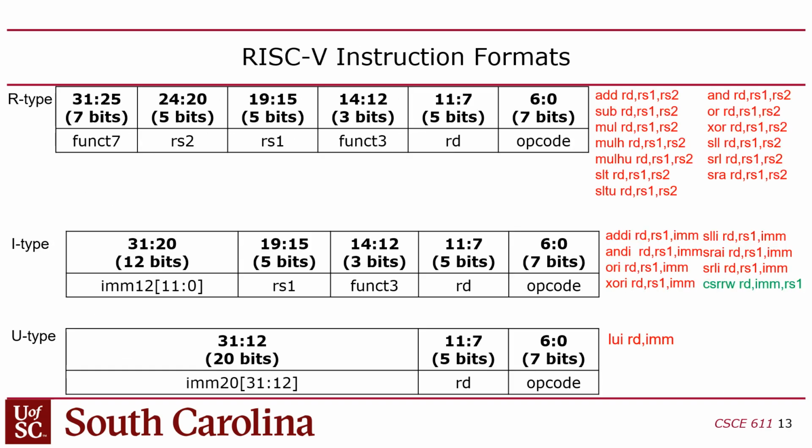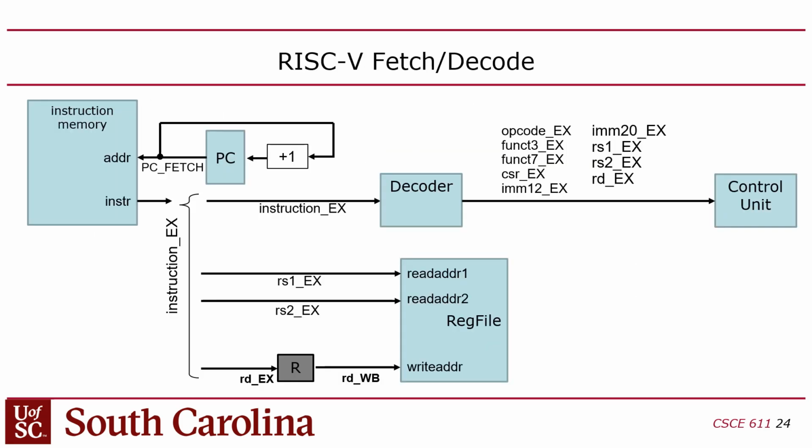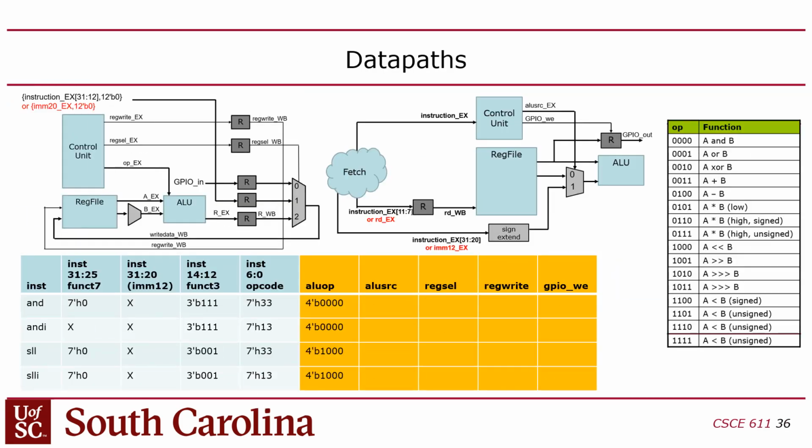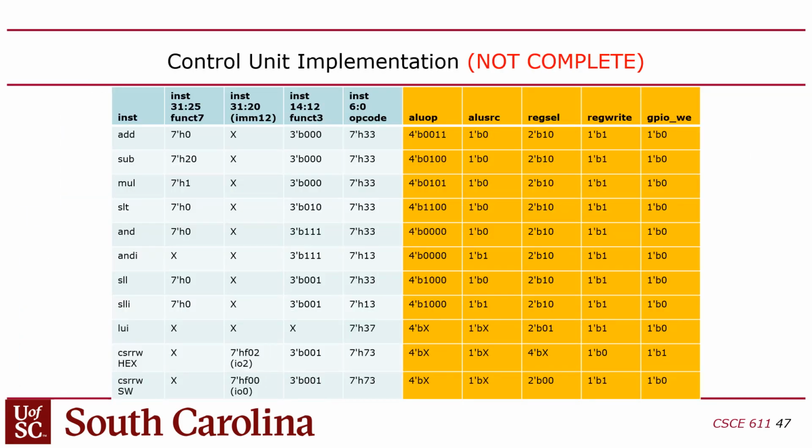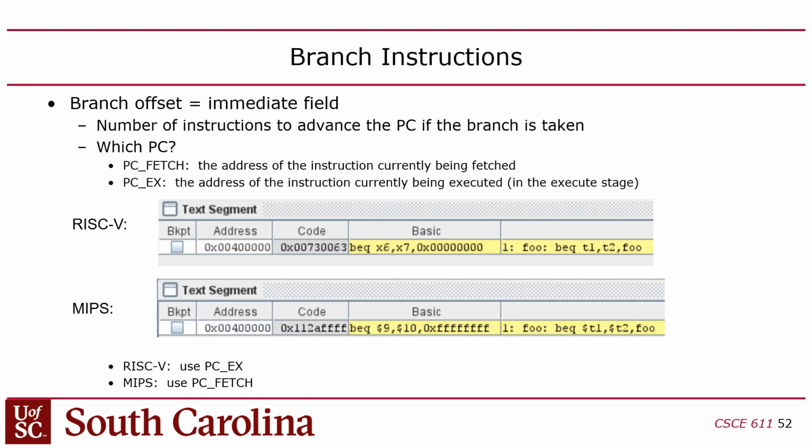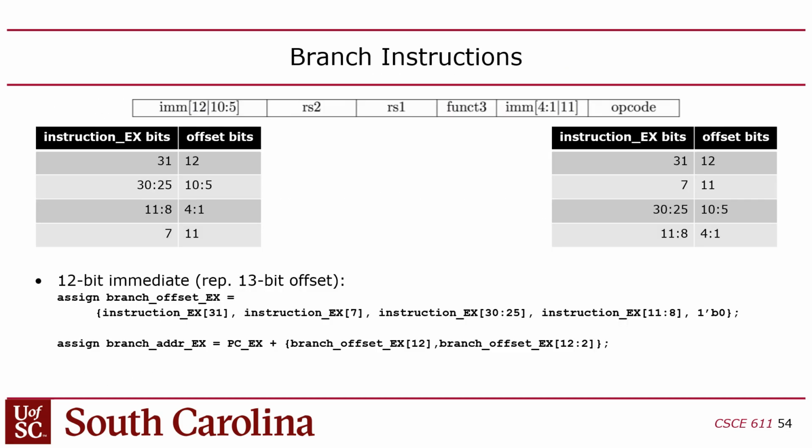I type is a 12-bit immediate, then RS1, function 3, RD, opcode. Is the B type and the I type the same? Kind of, not really.